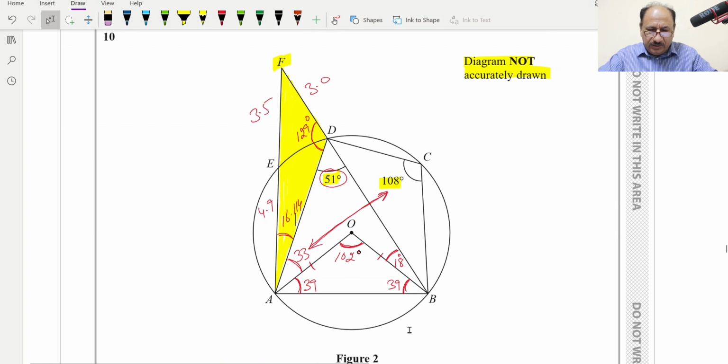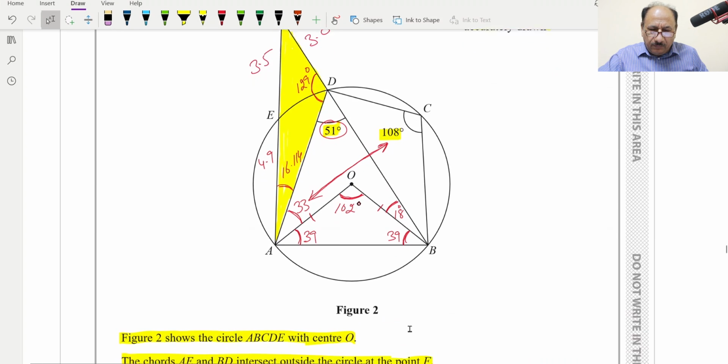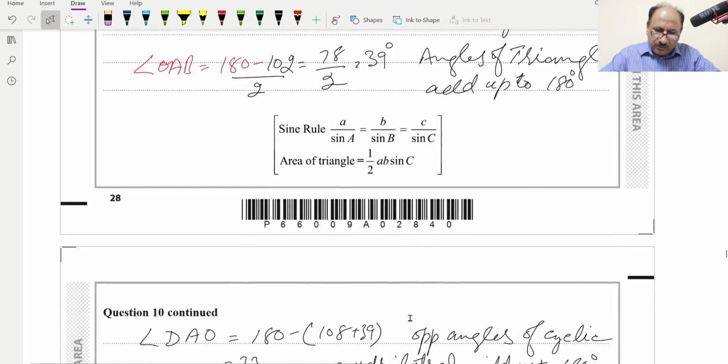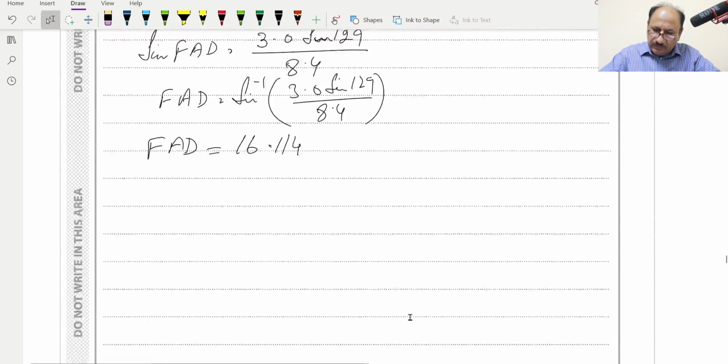To find AD, again we will apply the sine rule on the same triangle. We can figure out the third angle of the triangle. This angle will be 180 minus these two angles, 129 and this angle.